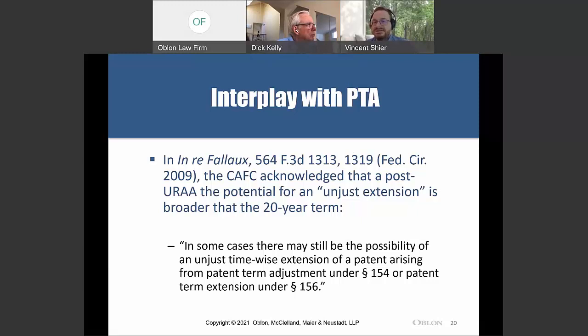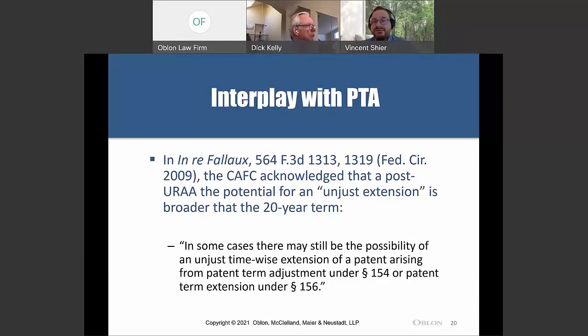Now, the court didn't go through any details of what that unjust extension would be, but the Fallow decision and the decisions in AbbVie and Gilead were important because some commentators and even many litigants had argued that double patenting was effectively dead with URAA, that because we measure from the effective filing date, we don't have to worry about it anymore.